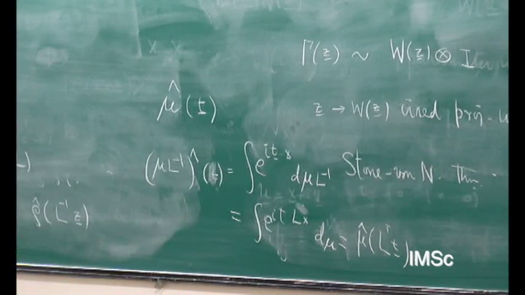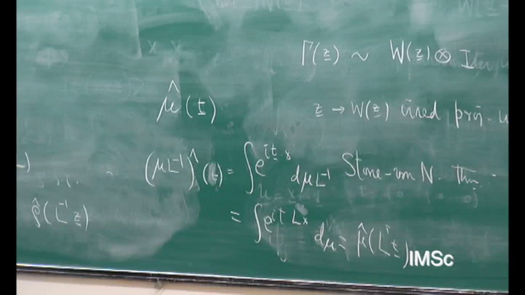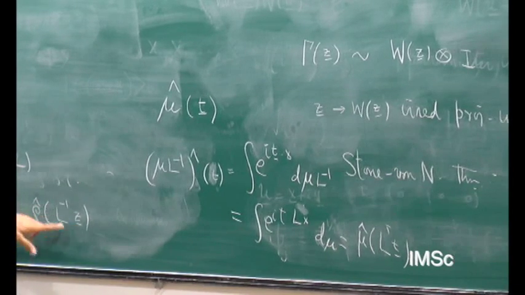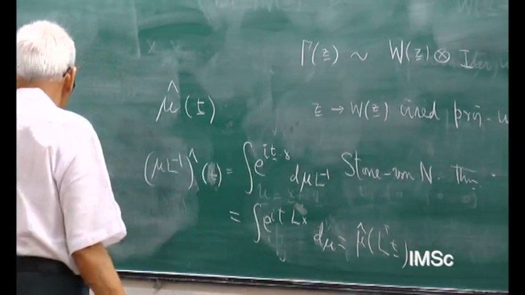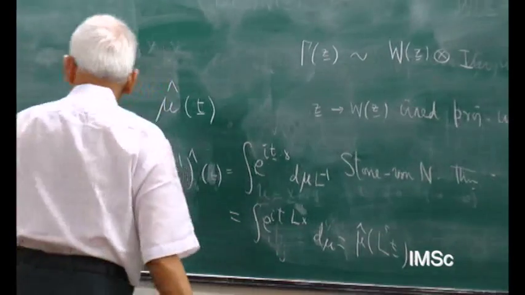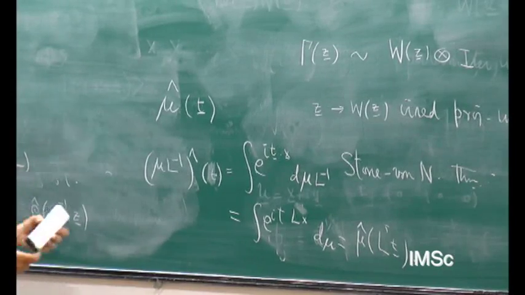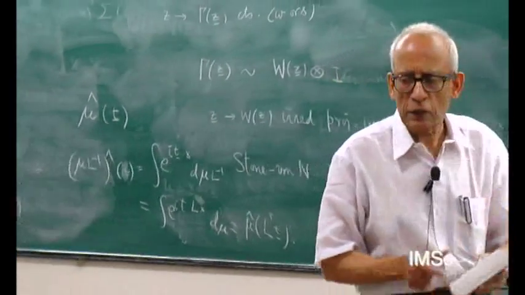So, you have a similar property: a symplectic transformation on the state rho will change the variable inside the quantum Fourier transform. So, we will make use of this property.